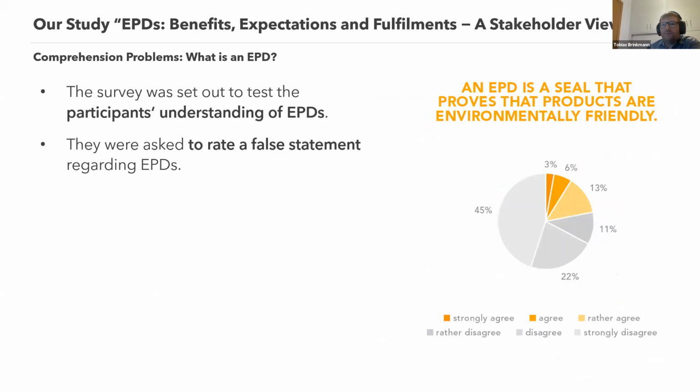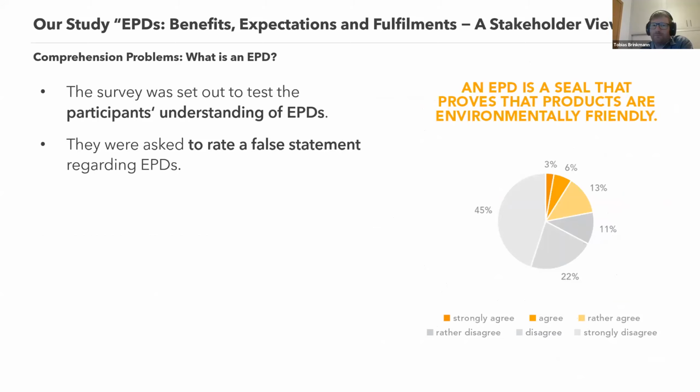But also we asked some questions concerning EPD knowledge and comprehension. We wanted to test the participants' understanding of EPD. So they were asked to rate a false statement. Here we ask, an EPD is a seal that proves that the products are environmentally friendly.